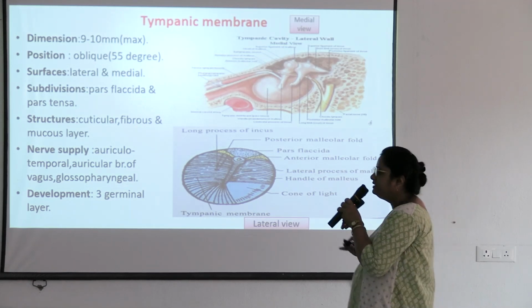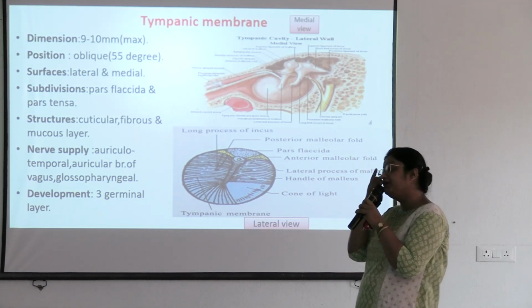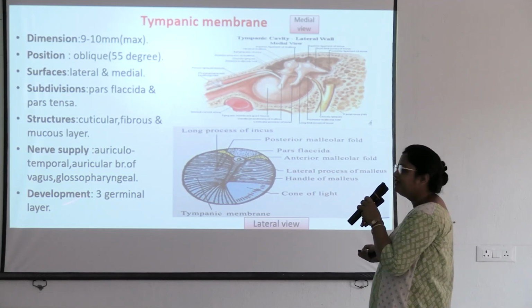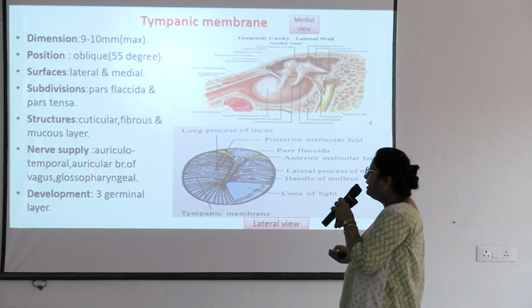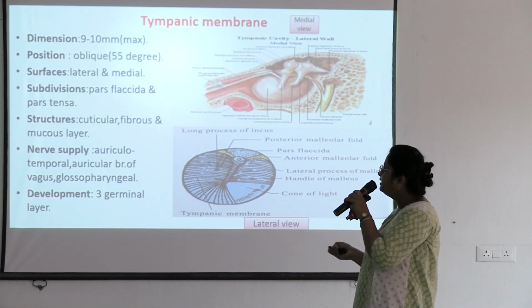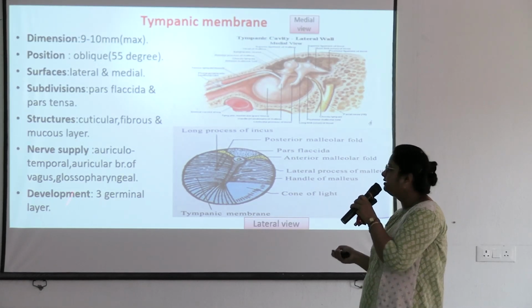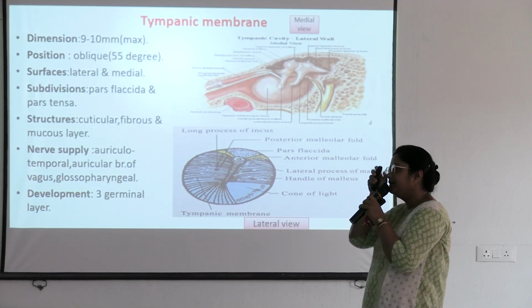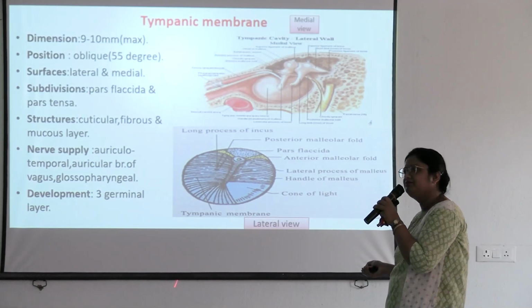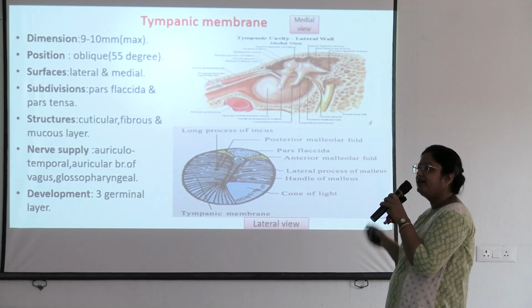This development is asked in your viva, also important for MCQs. Okay, and it is supplied by the auriculotemporal nerve, auricular branch of vagus nerve, and glossopharyngeal nerve. This is the nerve supply of the tympanic membrane. So you practice a schematic diagram like this for tympanic membrane and prepare it as a short note.